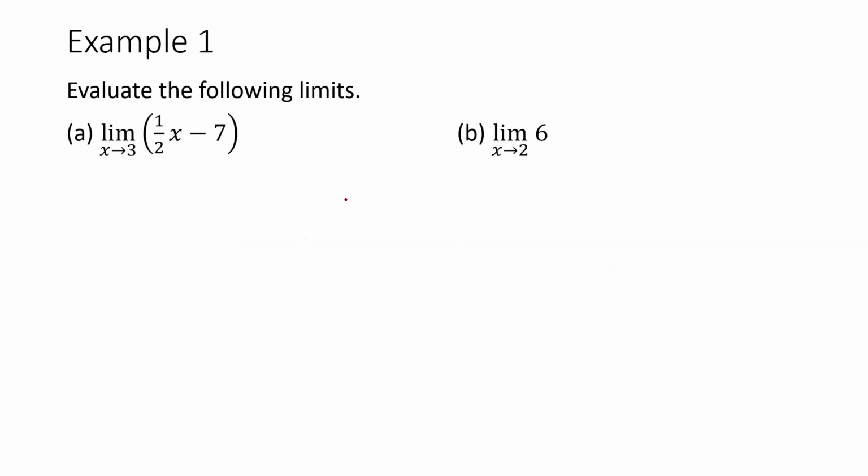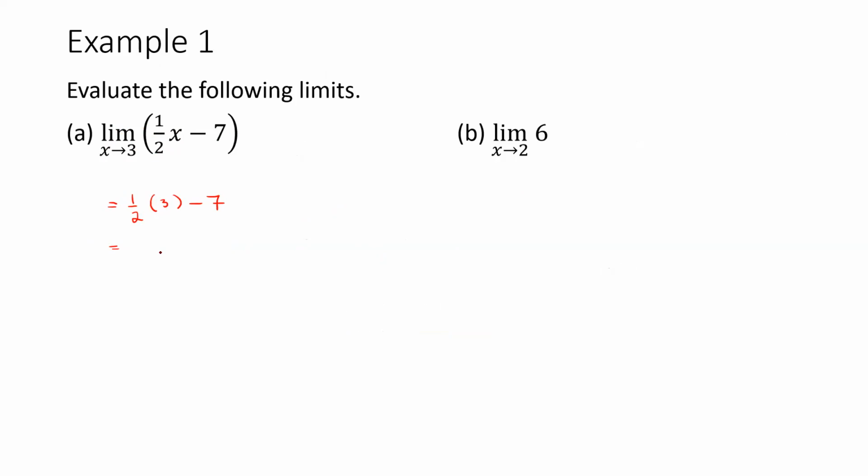Just to try some simple examples, this is a pretty easy rule. If I want to find the limit as x approaches 3 of 1/2 x minus 7, I can just plug in 3 for x, because this is an equation of the form mx plus b. So that's 3 over 2 minus 7.